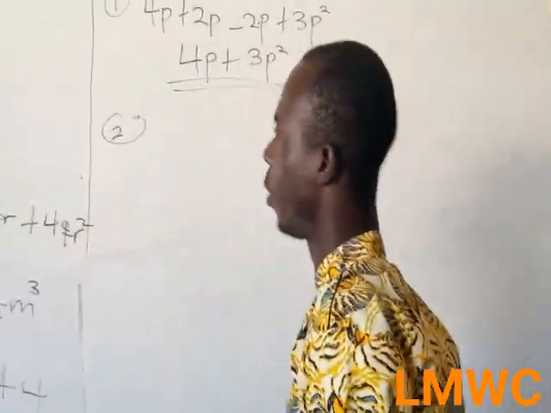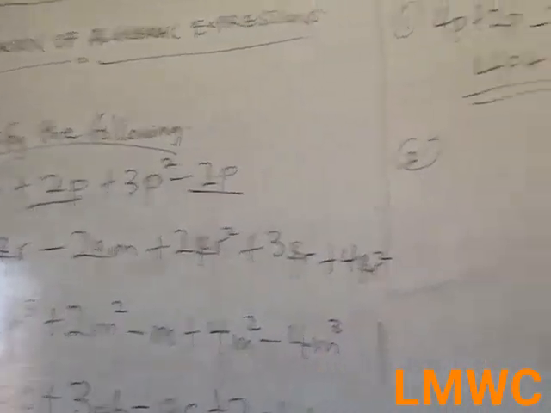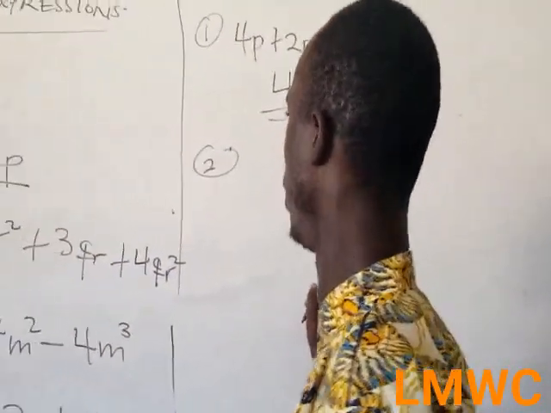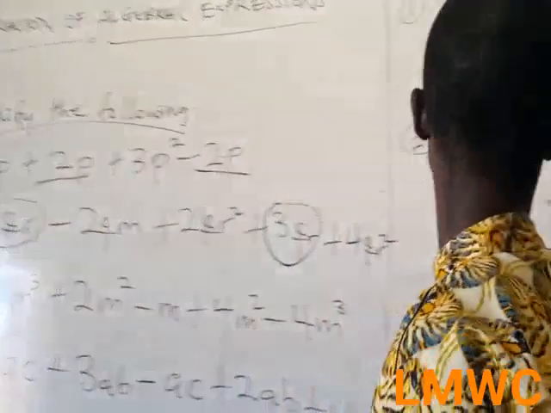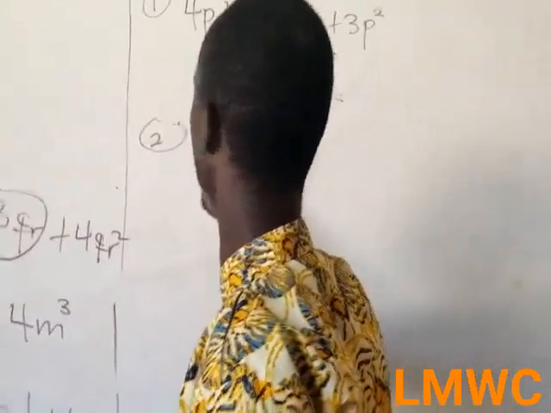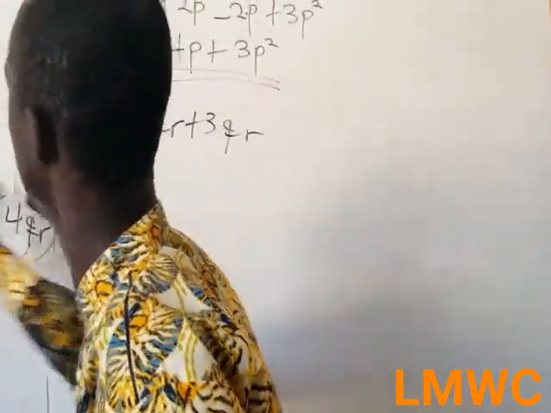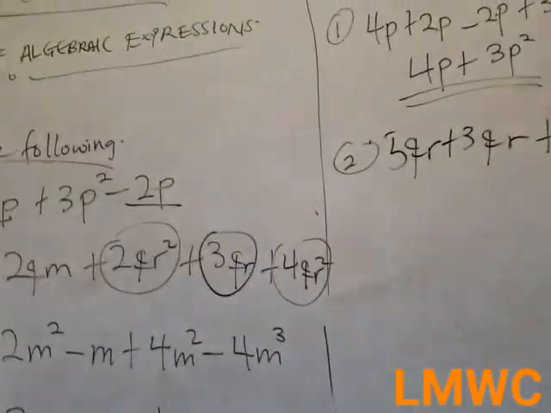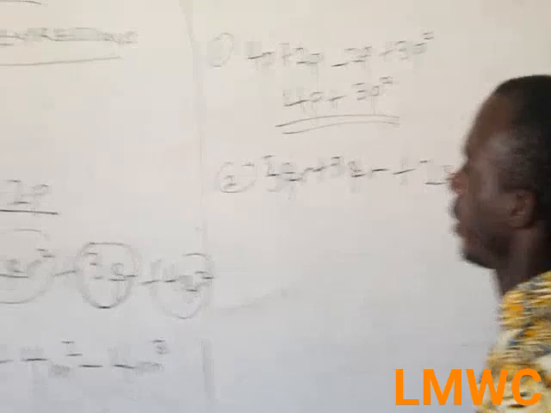Question 2. We have 5qr minus 2qn plus 2qr squared plus 3qr plus 4qr squared. So you arrange it. Now, this and this, they are like terms: 5qr plus 3qr. Plus 2qr squared plus 4qr squared.